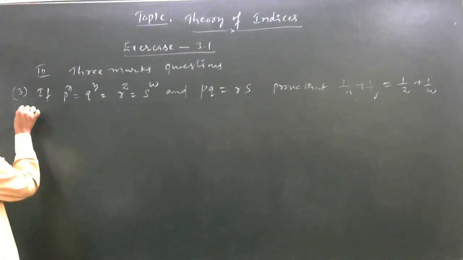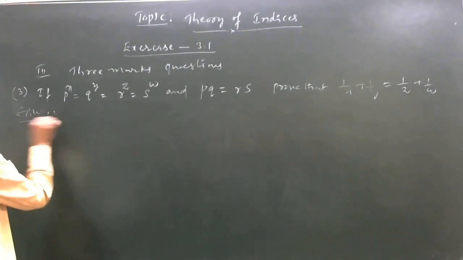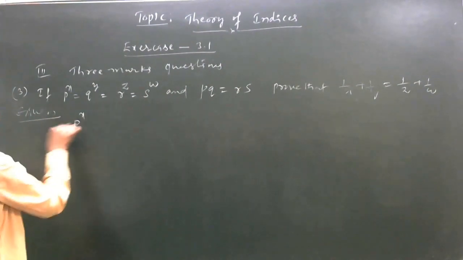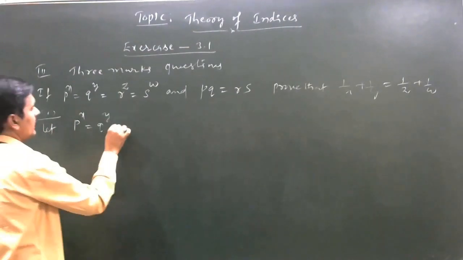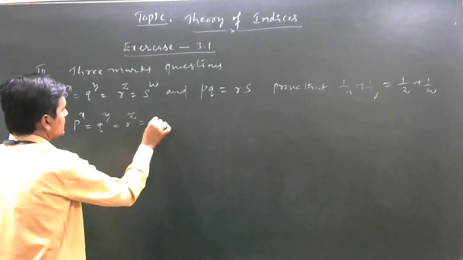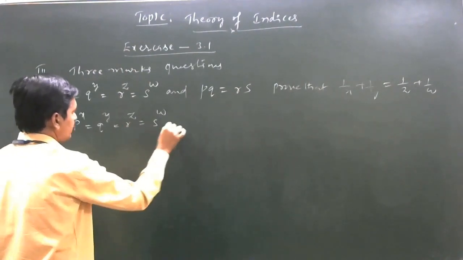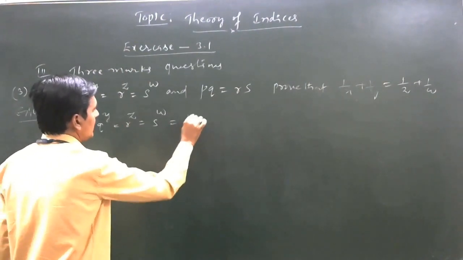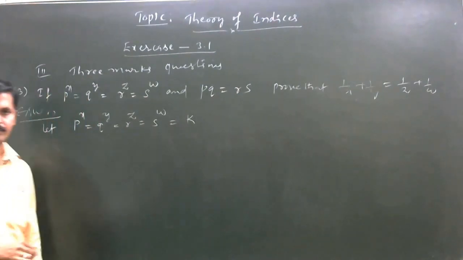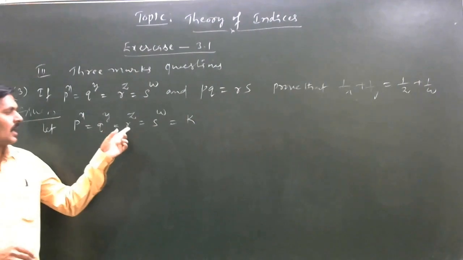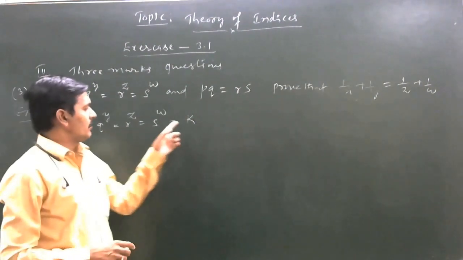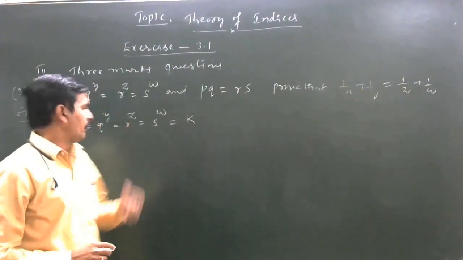First, given p power x equals q power y equals r power z equals s power w. Let this equal value be k. Here let p power x, q power y, r power z and s power w equal k.